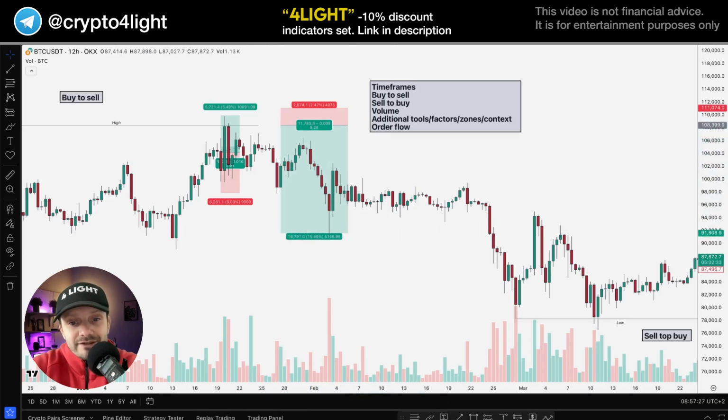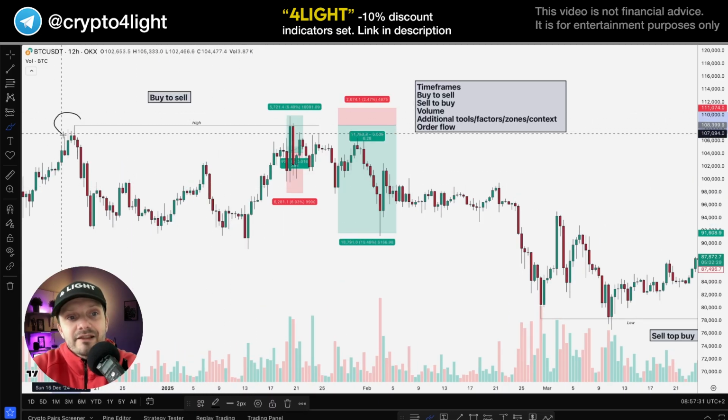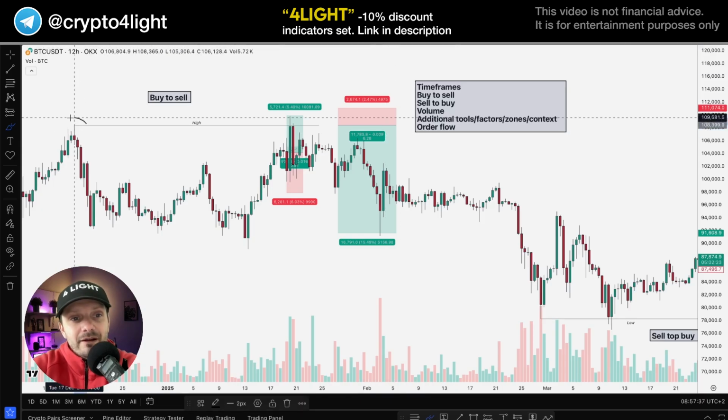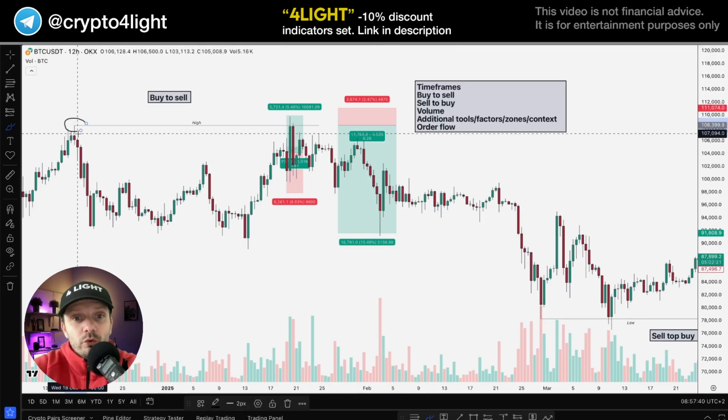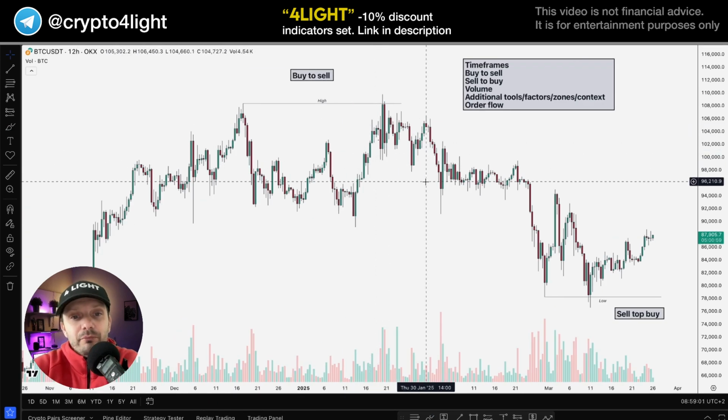The key point on the buy to sell model is some K level, high or low. On a sell to buy, it can be the low. On buy to sell, it's some K level top where we hunt liquidity. For example, on the 12-hour time frame, the price should stop.